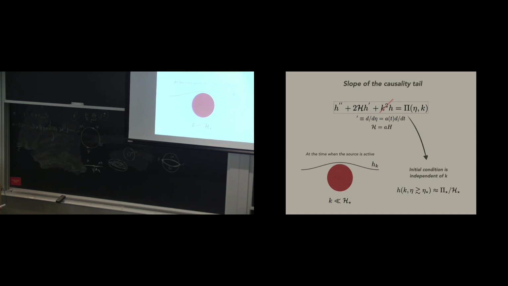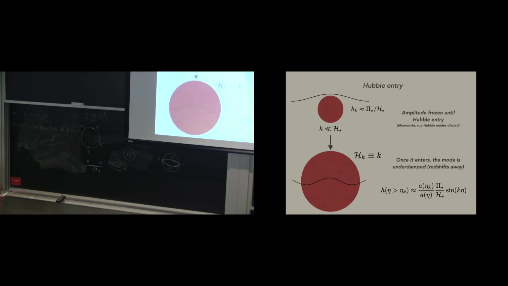Now, the initial condition is then independent of k for these super Hubble modes. But of course, you have to wait until the super Hubble modes re-enter the Hubble sphere. And the time of re-entry is characterized by k equal to H. Once they re-enter, they will start just redshifting away. They oscillate just as an underdamped oscillator, and they just redshift away.